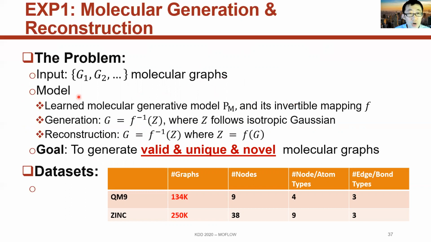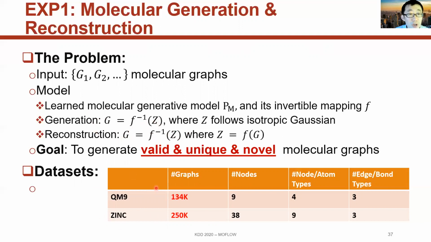Our models try to learn a generative model, i.e. the probability distribution of graphs and its invertible mapping F. Generation is just sampling from the latent space and using the invertible mapping to generate discrete graphs. Reconstruction is trying to reconstruct the molecular graph from its latent representation. Our goal is to generate valid, unique, and novel molecular graphs.